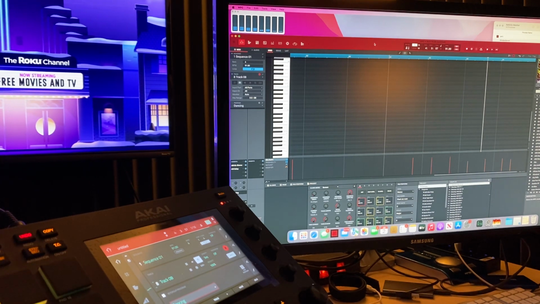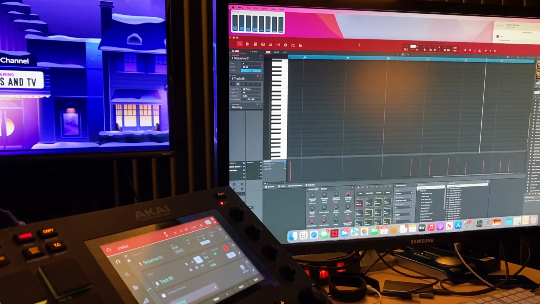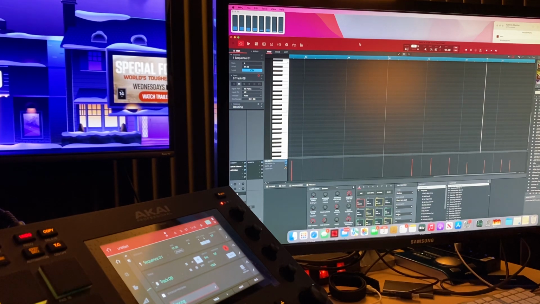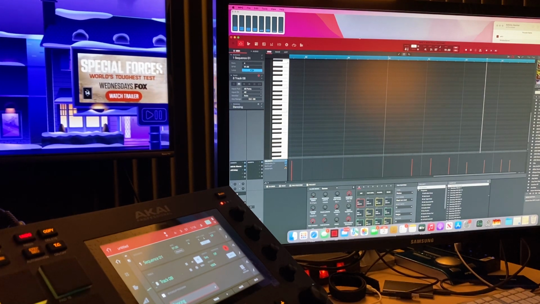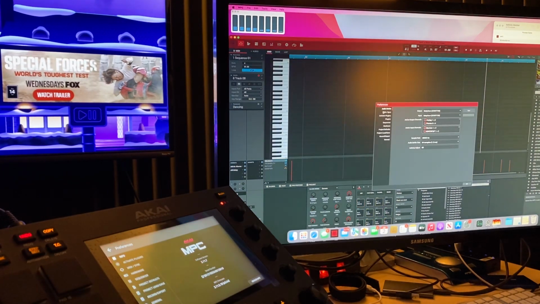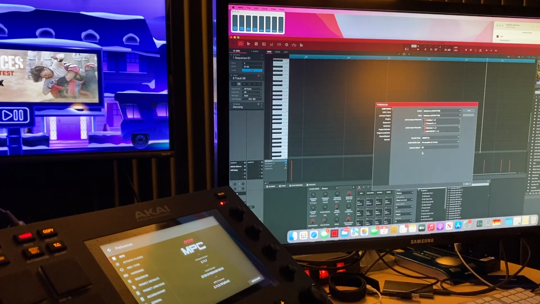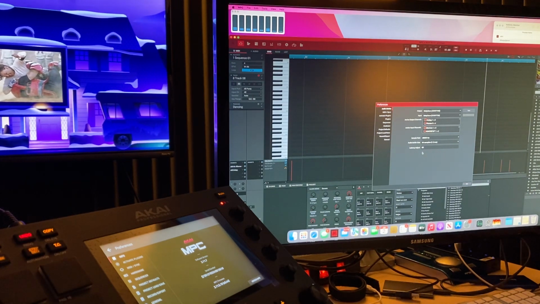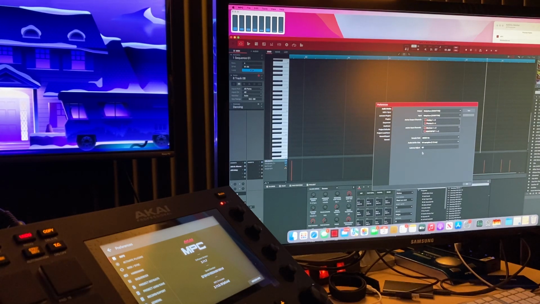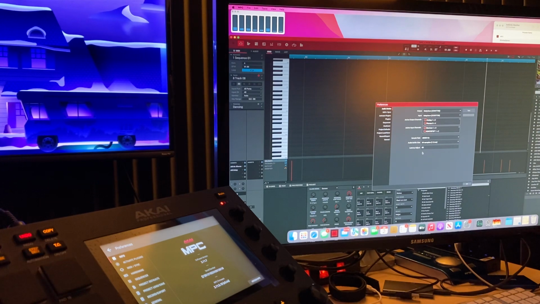And the third little thing is the MPC software, which is running 2.11.7, which has some enhanced improvements that are M1 compatible. And I'm running the software at an audio buffer size of 64, which is a little bit over a millisecond of latency, and at a sample rate of 48. This is how I would actually use it.